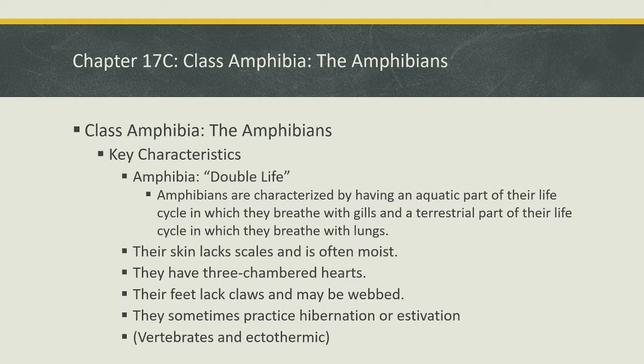We'll talk about that later on in the school year. Some animals have two chambered hearts. The amphibians have three chambered hearts. And then their feet lack claws and may be webbed. Usually if they are fairly aquatic in their adult stage, they'll have webbed feet. But if nothing else, they do not have claws.